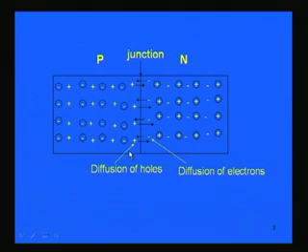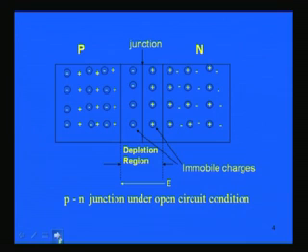Now, as these holes from the left side cross over to the right side and electrons cross over from right side to left side, there will be recombination of charges, because holes will recombine with free electrons and electrons will recombine with free holes.